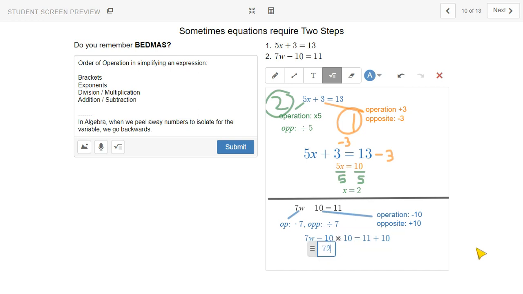We have 7w equals 21. Now we're going to divide by 7 on both sides. 7w over 7 and 21 over 7. That gives us w is equal to 3.